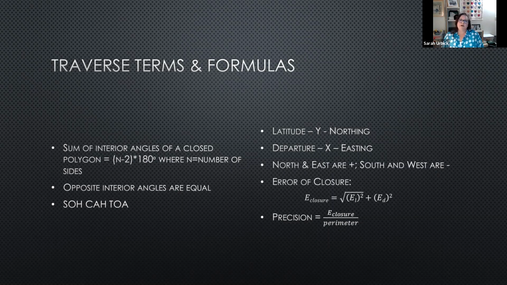Opposite interior angles are equal. So this is where I highly recommend creating a little axis system at each point. Use those extension lines. You found the deviations and the, I am totally blanking on the term, deflection angles.